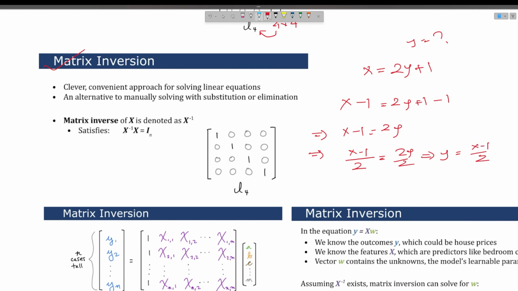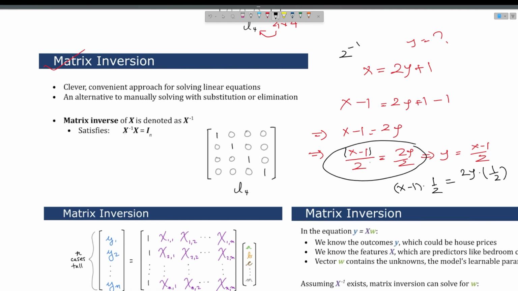Here, x minus 1 divided by 2 can be written as x minus 1 times 1 by 2, and on the right side, 2y times 1 by 2. This is basically the reverse of 2, 2 to the power minus 1, or the inverse, whatever you call it.